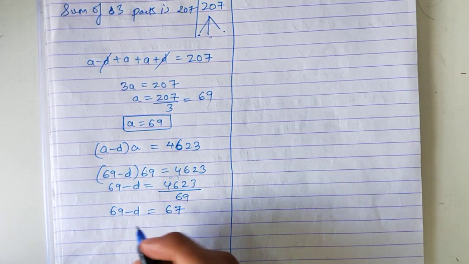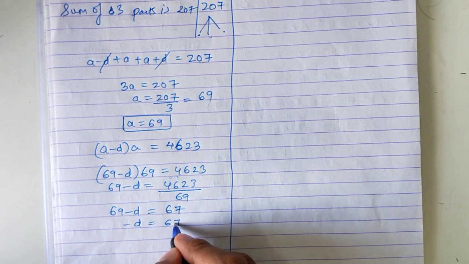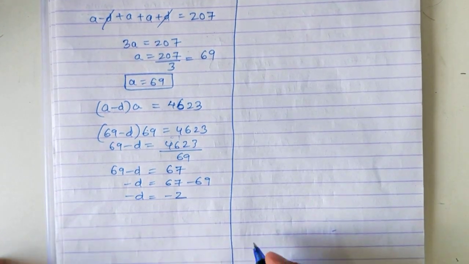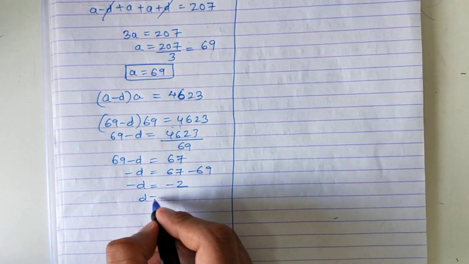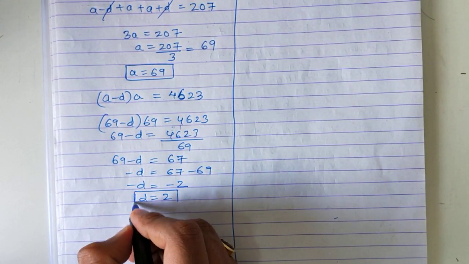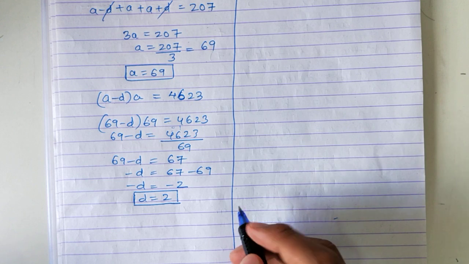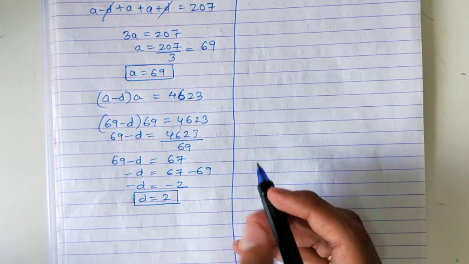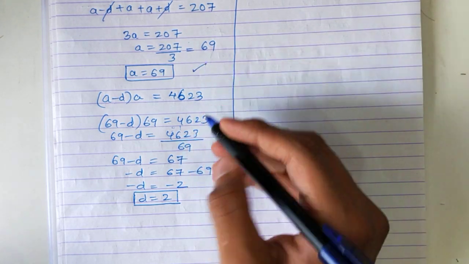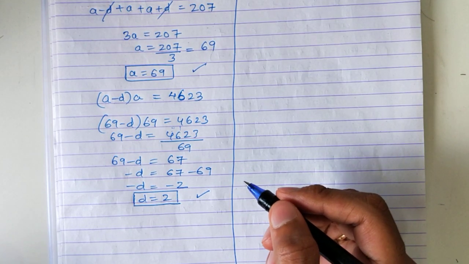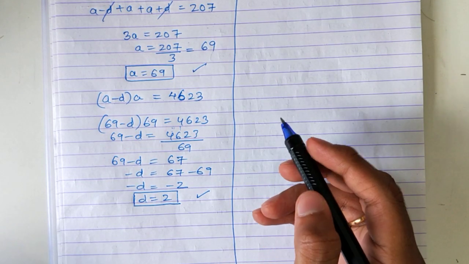Okay, now shift the 67 here. Minus d is equal to 67 minus 69. So minus d equals minus 2. Therefore d is equal to 2. Understood? A is 69, d is 2. Once we know the value of a and d, we can easily find the three terms.